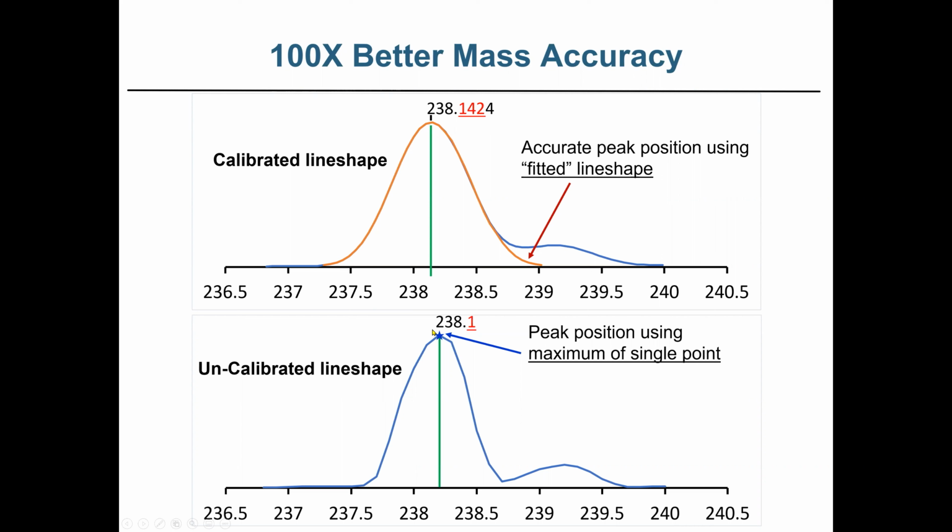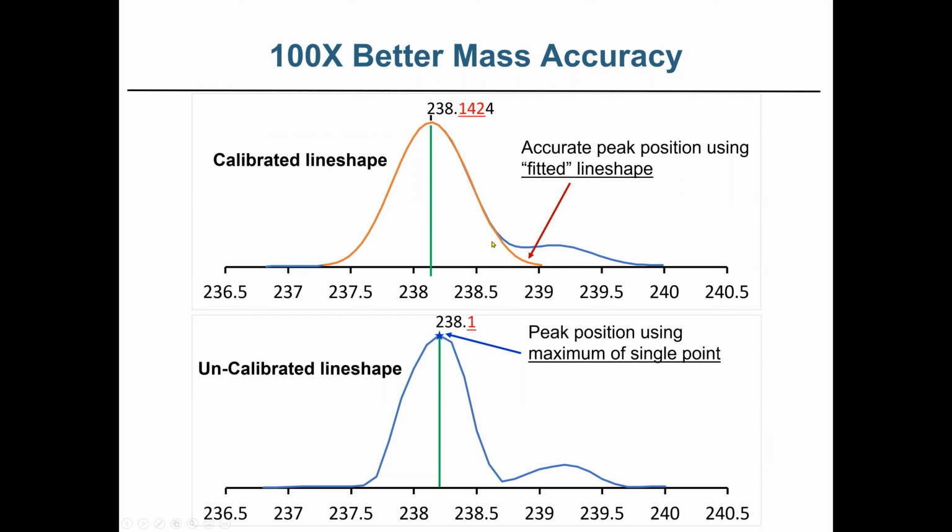So typical vendors will maybe specify about 0.3 Daltons as the mass accuracy of a quadrupole. Now, if we calibrate the line shape, using the methodology that I just discussed, since we know what that line shape is, in this case a nice Gaussian, when I do peak picking, I can fit the entire Gaussian function across all the data points on that particular peak.